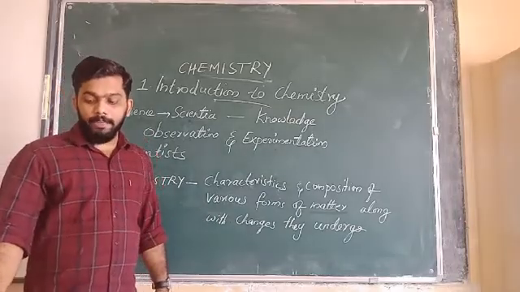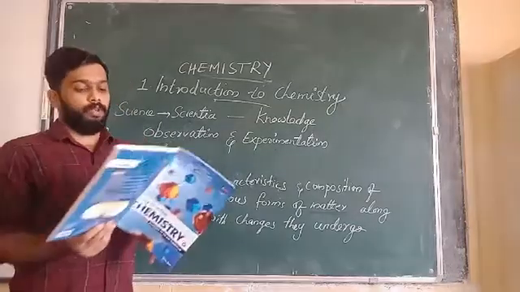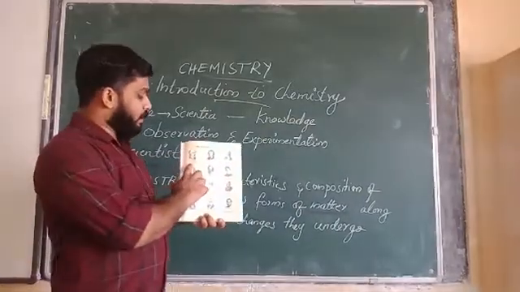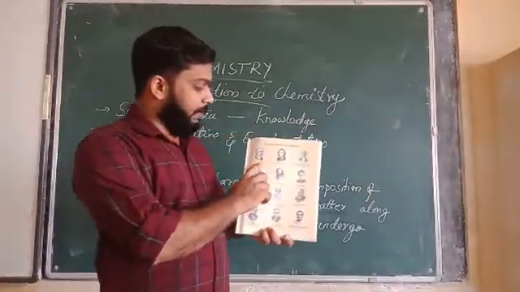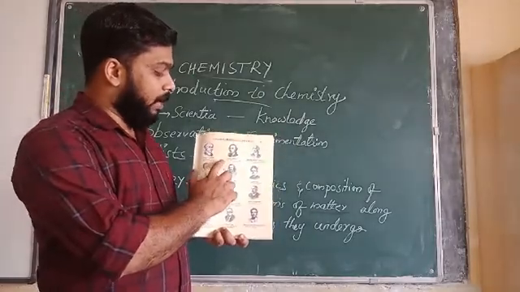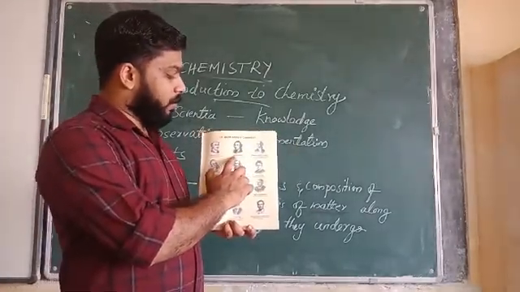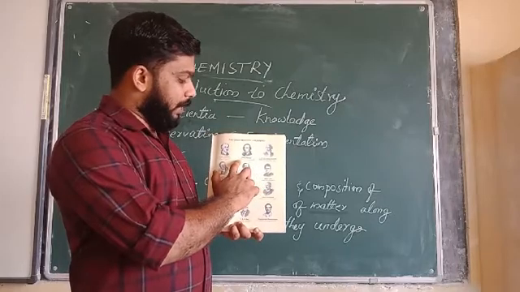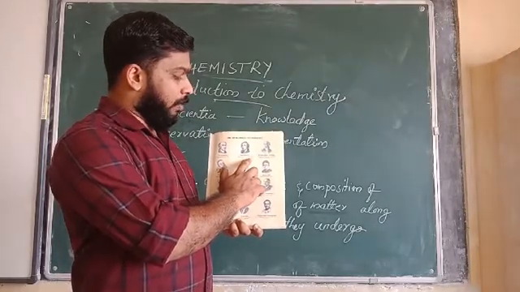Then some of the great minds of chemistry are given in your textbook. You can go through that. The first one is Henry Cavendish. He produced hydrogen and carbon dioxide in his laboratory. Then Joseph Priestley discovered 10 gases including sulfur dioxide and carbon monoxide.